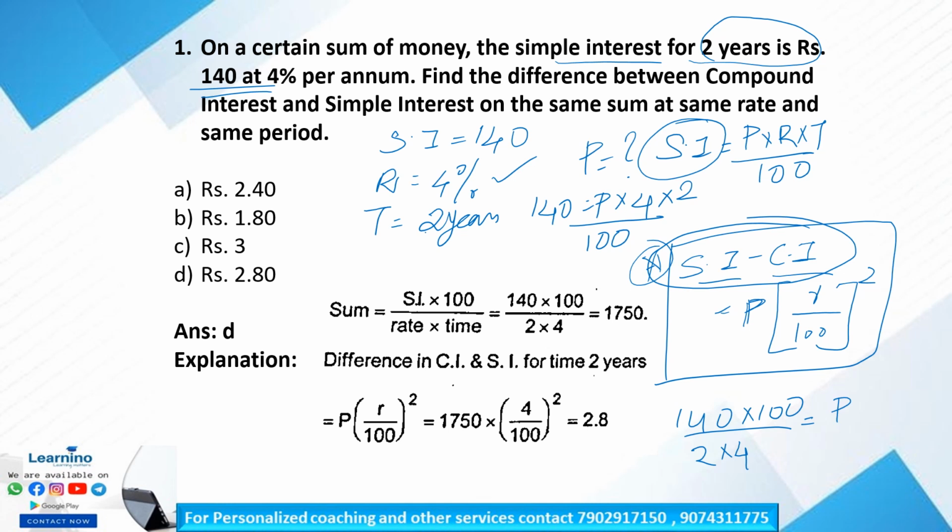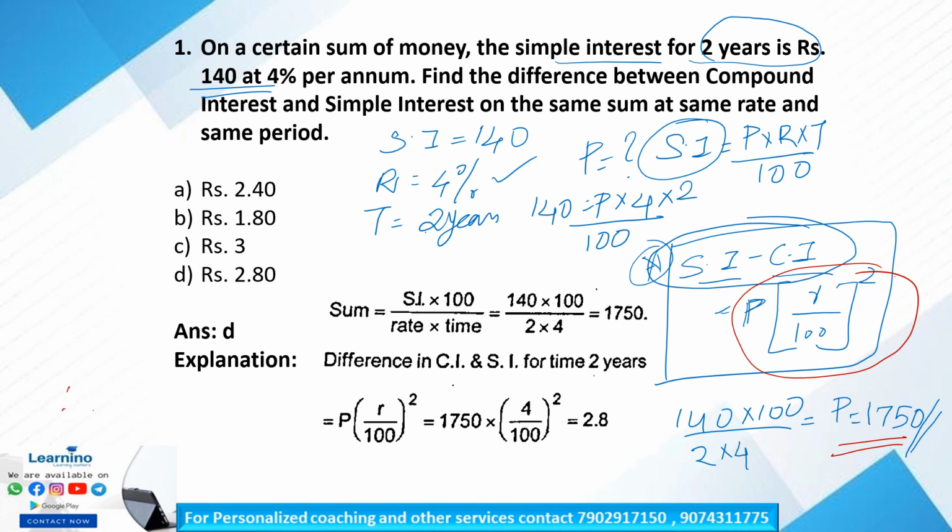By cancelling each other, we will get the value of P as 1750. Is it clear?